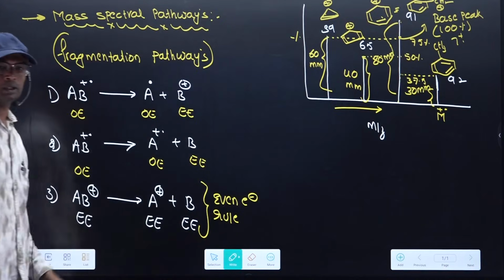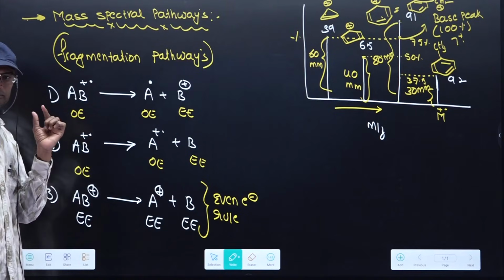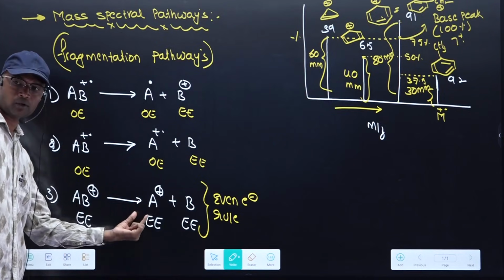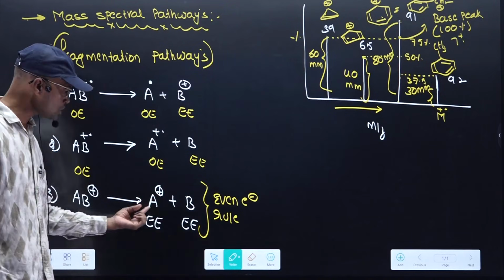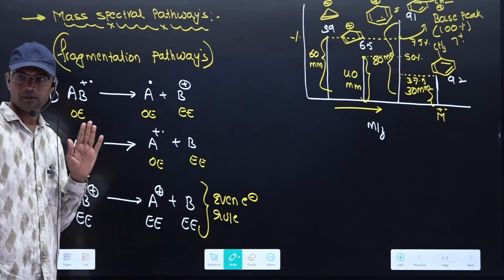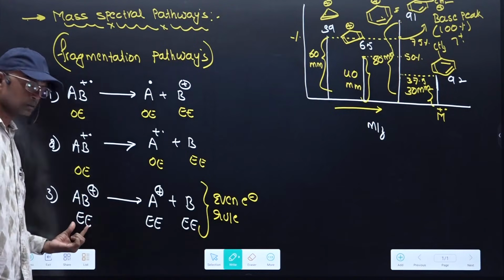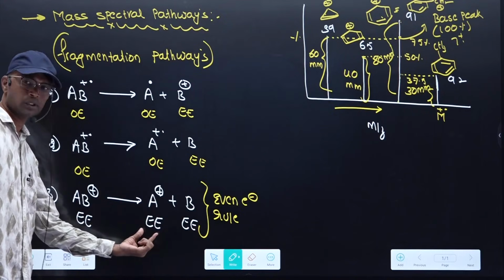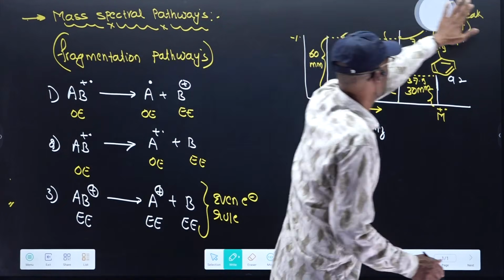According to the even electron rule, when any even electron ion undergoes fragmentation, that will give one even electron and another even electron. It is a charged even electron and this is neutral, but neutral and charged are both even electron species only. Clear? These points you need to remember, especially the even electron rule. I will give the definition: when an even electron ion undergoes fragmentation, that will give even electron and even electron. These three points you need to remember.